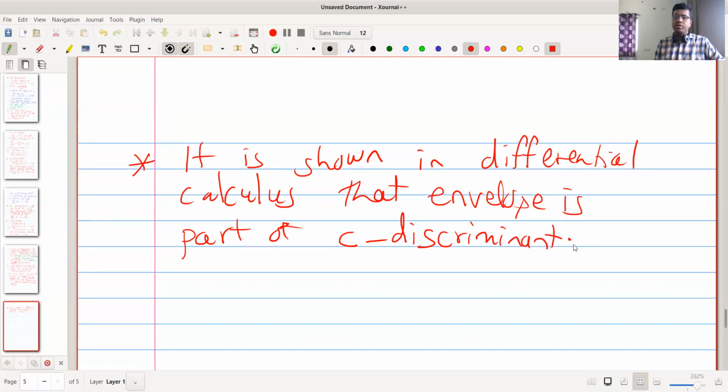That is, eliminate c between the solution phi of x, y, c equal to 0 and del phi by del c equal to 0.